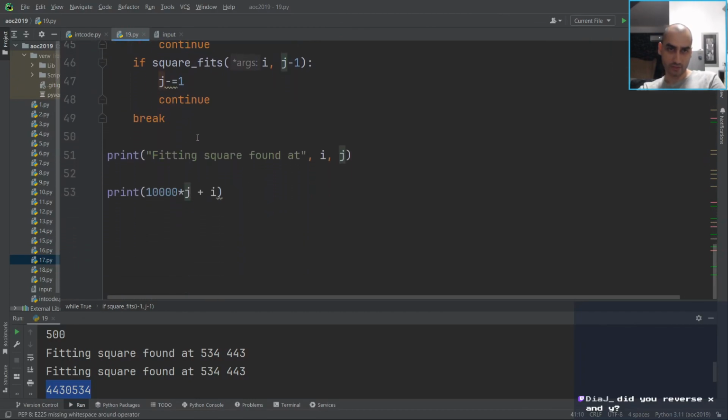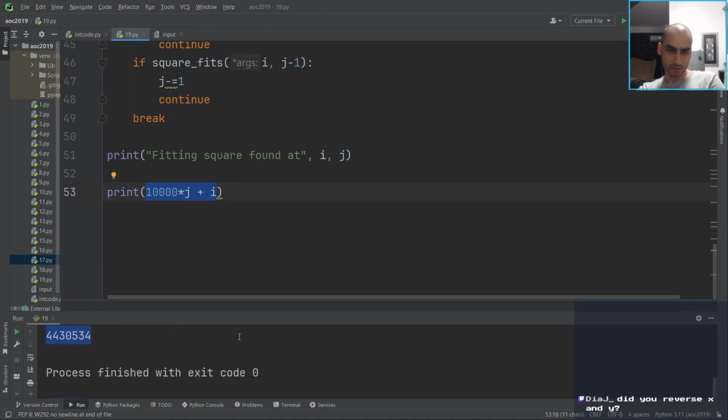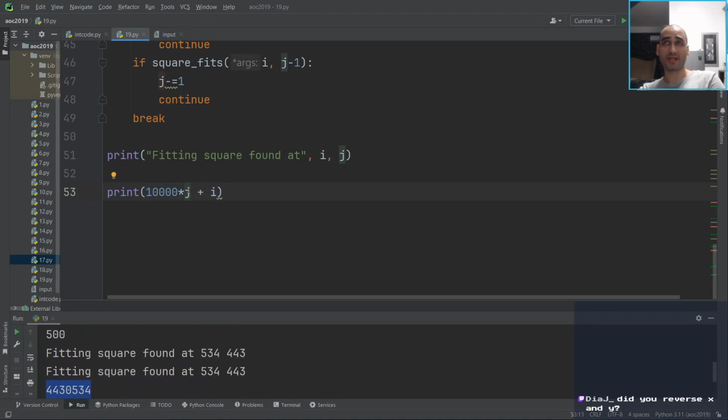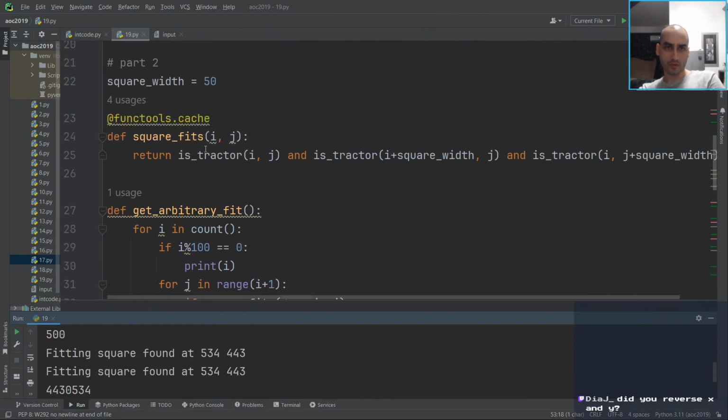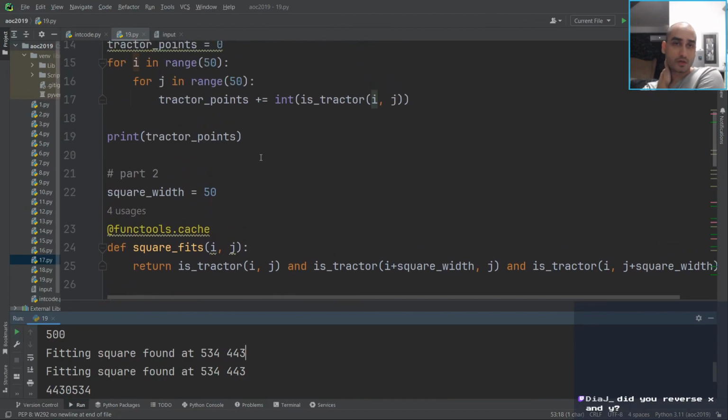The only point at which it would matter would be at the end when we output that. So it's 10,000 times J, which is the X value, plus I, which is the Y value. The other place where it would matter would be when we're calling the program.